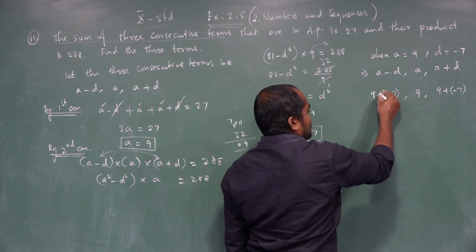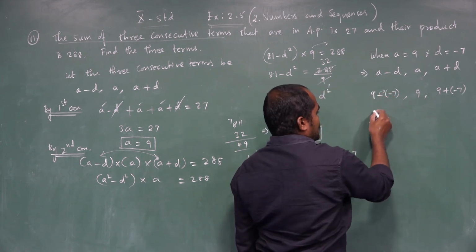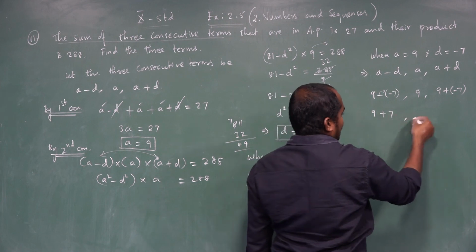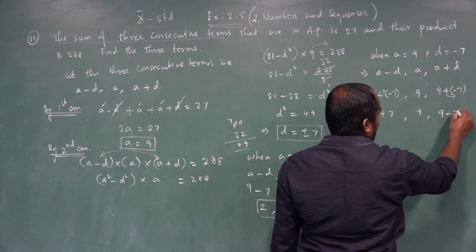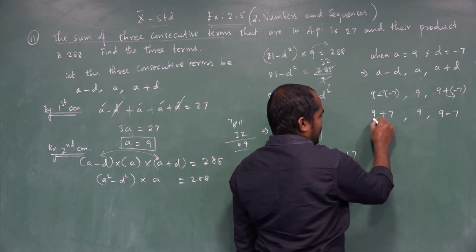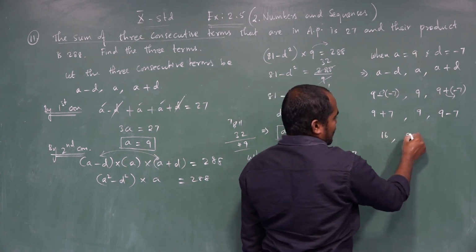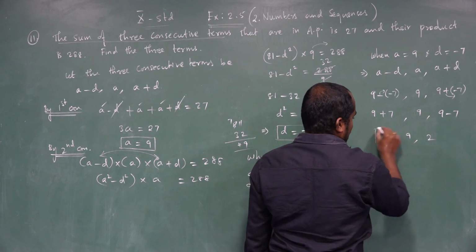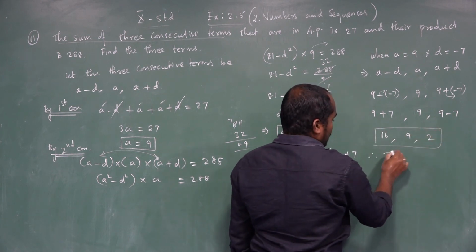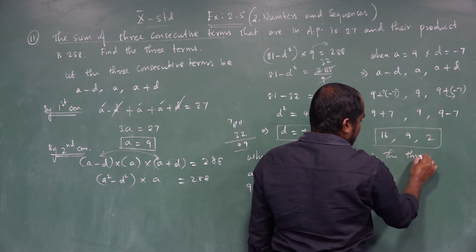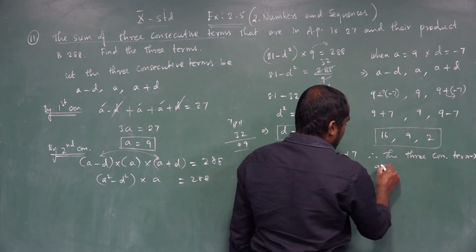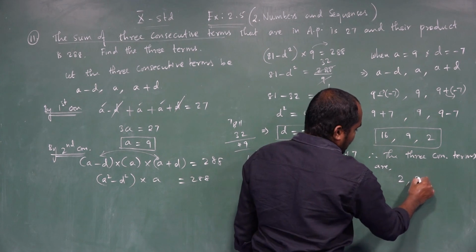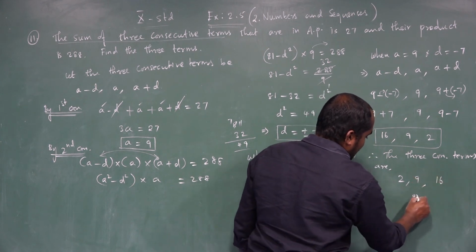Minus into minus is plus, so 9 plus 7, and plus into minus is minus, so 9 minus 7. That gives 16, 9, 2. Therefore, the three consecutive terms are 2, 9, 16 or 16, 9, 2.